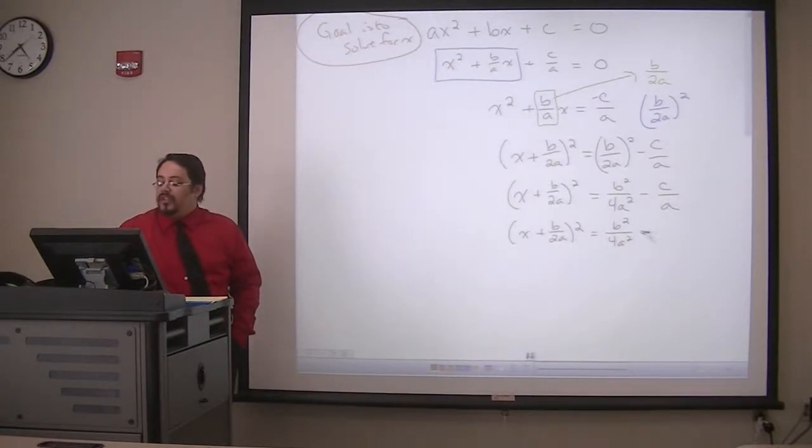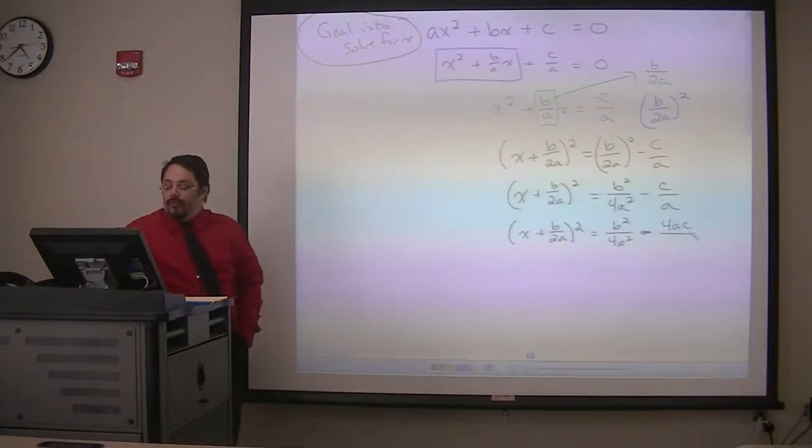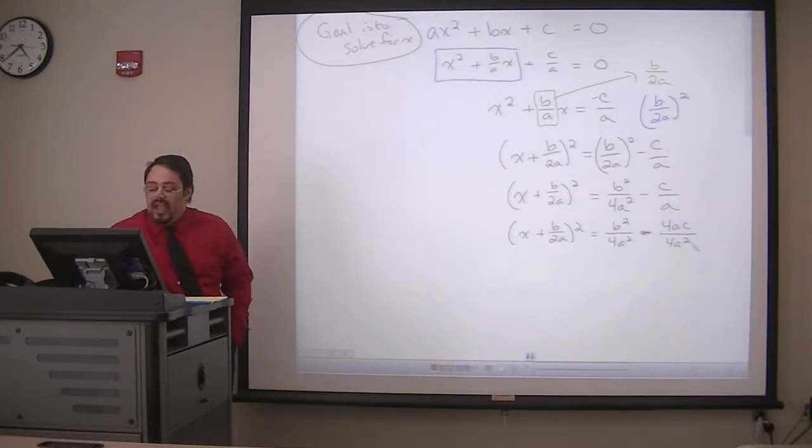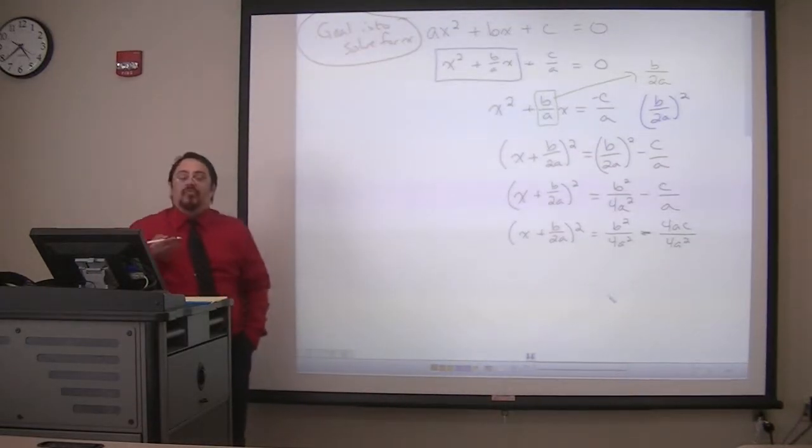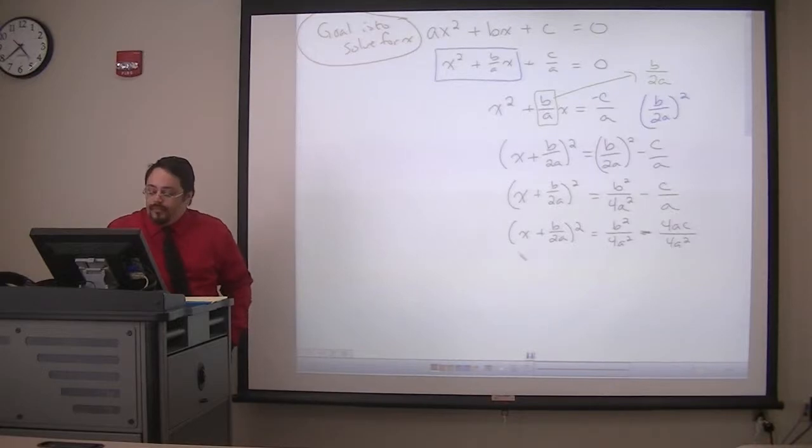So what that gives us is 4ac in the numerator and 4a squared in the denominator. Now that we have common denominators, we can subtract the two numerators.